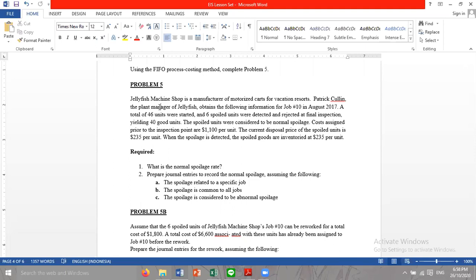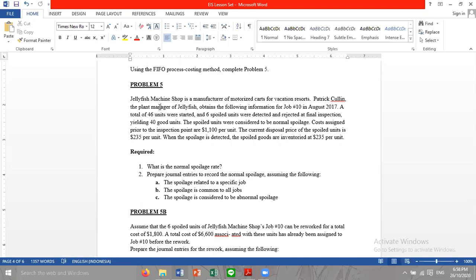The difference is that normal spoilage is considered a normal byproduct in the process, whereas we consider abnormal spoilage as something not normal, or occurring due to extraordinary events. Usually, normal spoilage will be included in the cost of goods, while abnormal spoilage will be considered an expense or a loss.